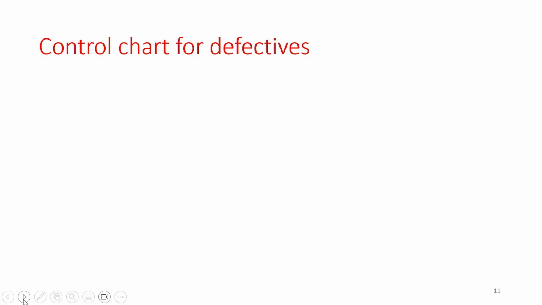Now we learn the control chart for defective items. Many defective items are produced in the spinning industry, in the weaving industry, in the garment making industry also. Defective articles are produced.